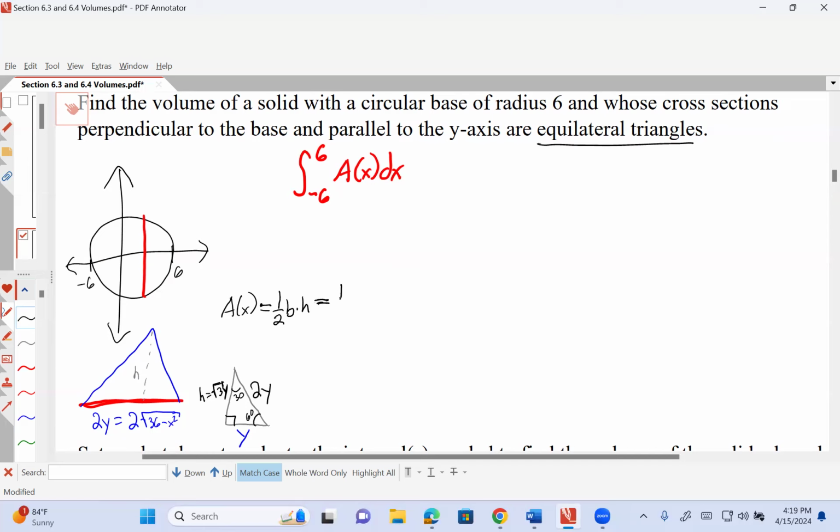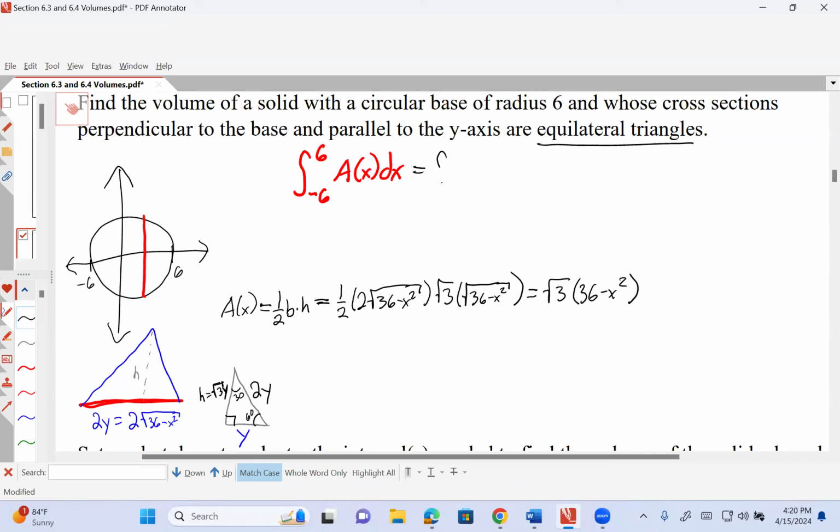We have 1/2 times our base, which is 2 times the square root of 36 minus x squared, and our height, which is the square root of 3 times y, which is, again, that square root of 36 minus x squared. Multiplying all of this together, we get the square root of 3 times (36 minus x squared) as our area function.